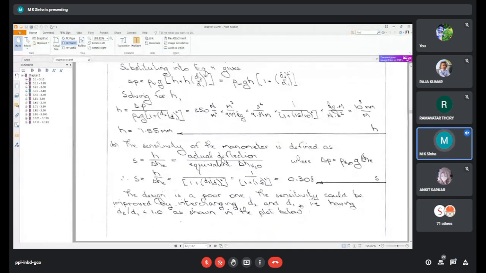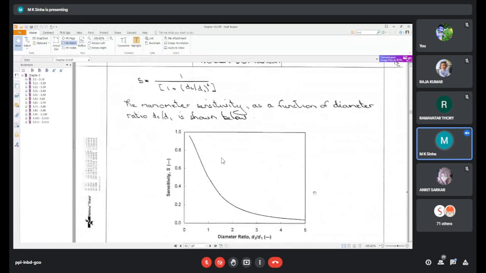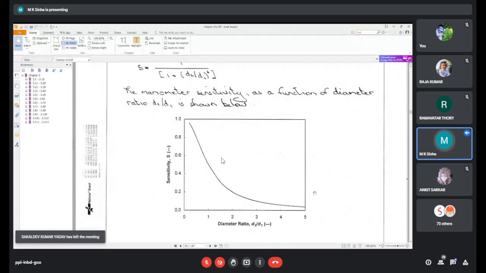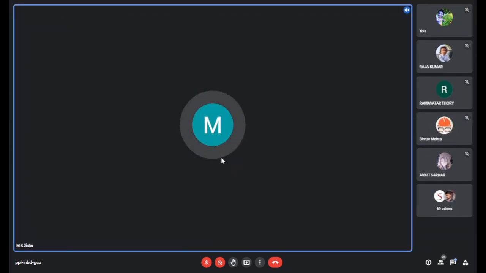The sensitivity that comes out is 0.308. It is lower. Then it is plotted by taking different dimensions and values, and you should plot the sensitivity; roughly it comes out like this. So these are some examples related to the manometer. There are so many problems available in the book. So this is all about the manometer.